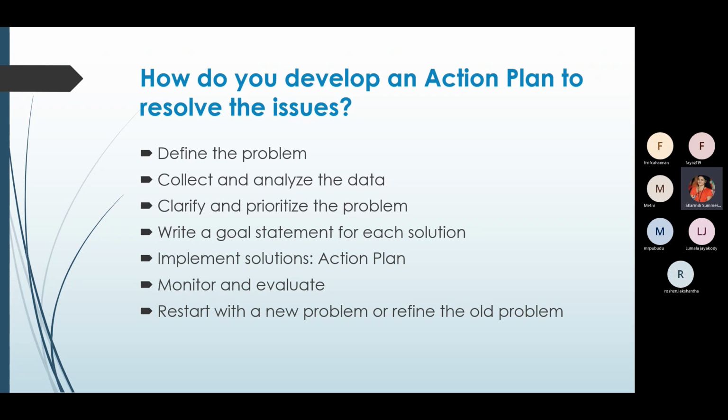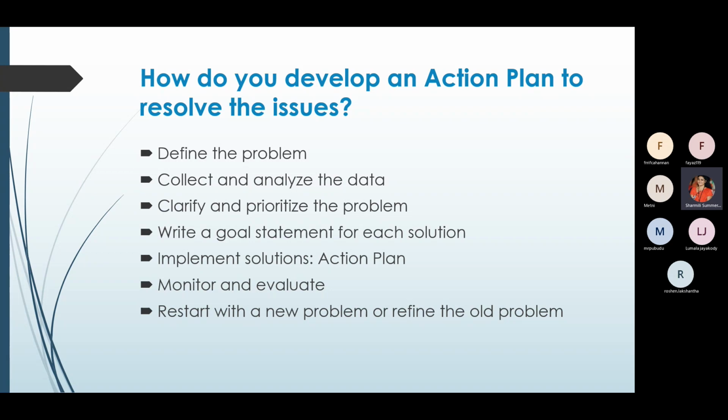After the monitoring and evaluation, if you find any changes, you need to update it and restart with a new problem or refine the old problem, right? If you think that the solution for a particular problem has sorted it out, then you can go for the new problem.